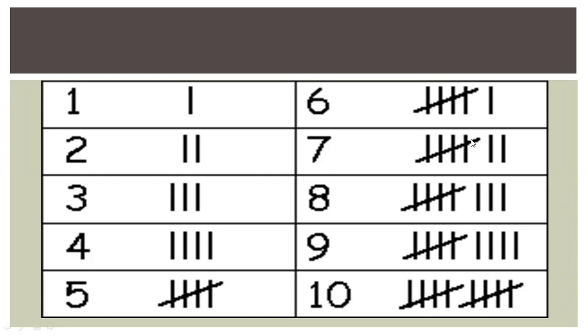The set of 5 lines, and 2. 5, 6, 7. 1, 2, 3, 4, 5, 6, 7, 8. This is how we are going to write the numbers in tally form.